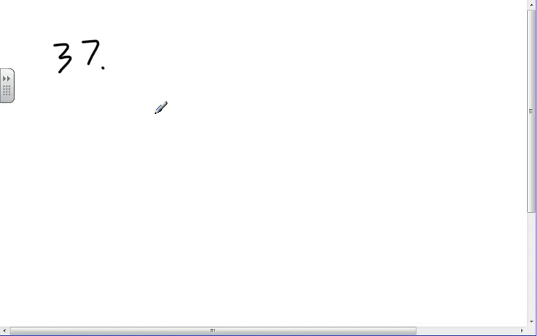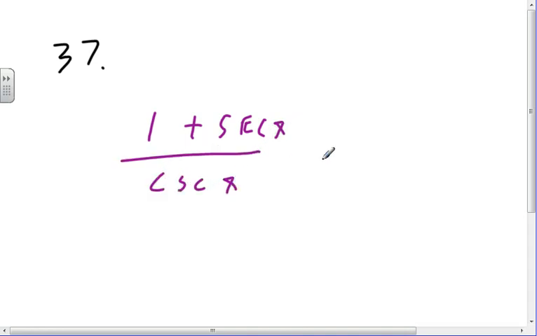All right, so I've got 1 plus secant divided by cosecant is equal to sine plus tangent. Is supposed to be.